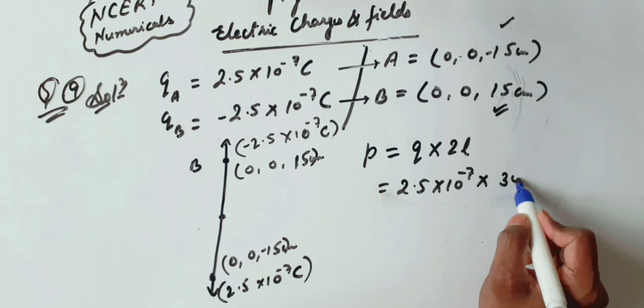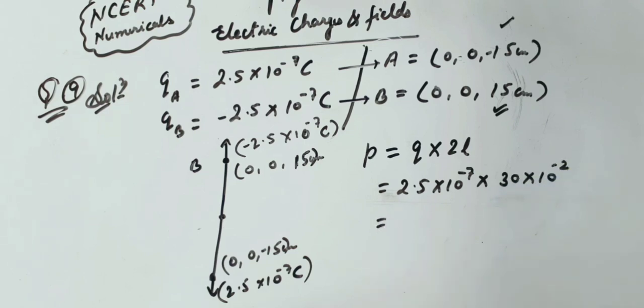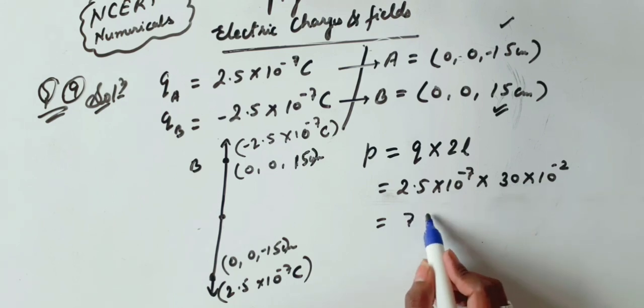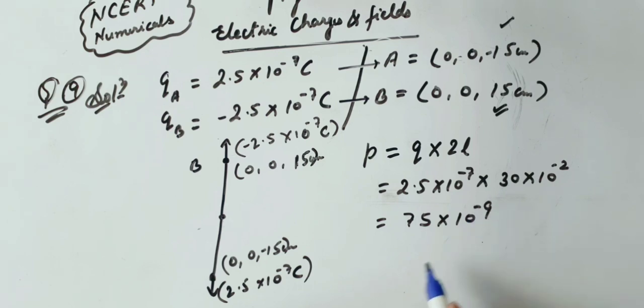So 30 × 10^-2 meter, and we get 75 × 10^-9.